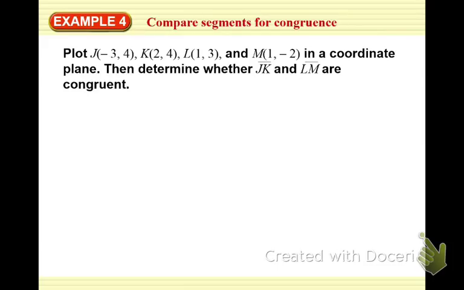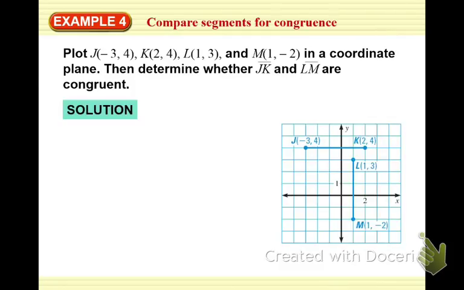But if we take these 4 points and put them in the coordinate plane, then we want to try to figure out if segment JK and segment LM are congruent. So the first thing we want to do is plot these points out. And then we've got our segments, right?